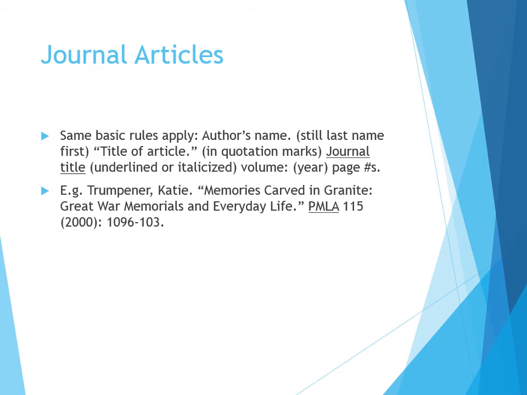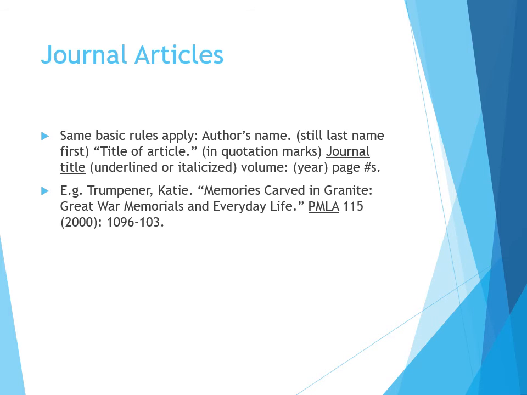Journal articles have the same basic rules. You still have author's name, last name first, the title of the article in quotation marks, followed by the journal title, which will be underlined or italicized because it's the larger work. Then volume, colon, year, and page numbers.